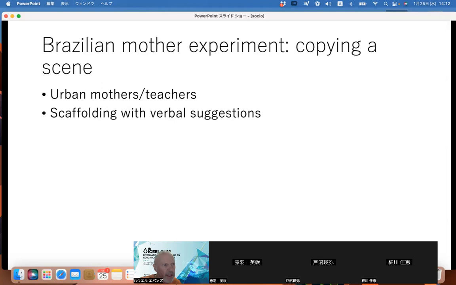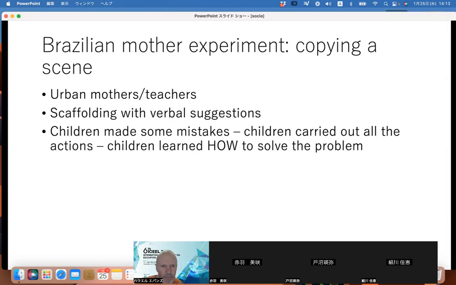In other words, they're using words to scaffold the performance, and they'll say things like, "Why don't you do this?" or "Why don't you do that?" Maybe it's a good idea to do this. What do you think about this? Using lots of verbal suggestions, using words to push the child in the right direction.